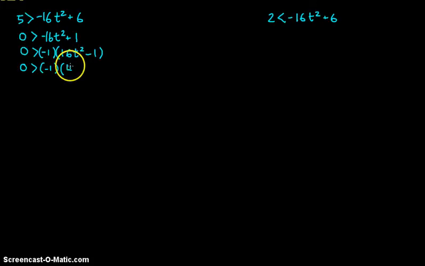So you have 4t plus 1 times 4t minus 1. That's from when we were doing quadratics. Remember that, the perfect square. So now, what's interesting here is that I actually have 3 factors, if I count the negative 1. So really, what am I trying to say? Well, I want whatever I got to be positive.